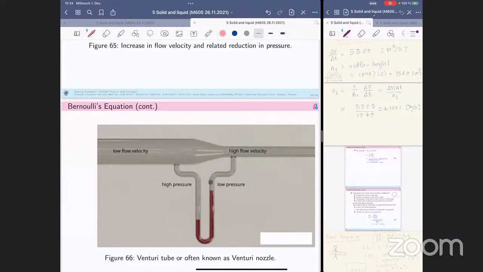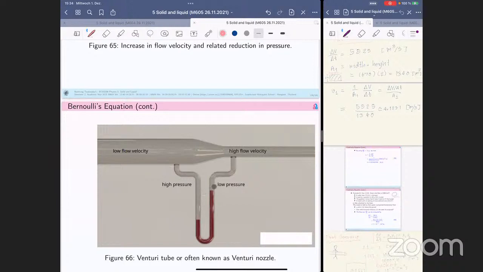At the other side, the air cannot push the fluid down as much, because this side has higher potential to push the liquid because it has higher pressure. So you could see that the level of the fluid is different. This one has a lower level of fluid because it has higher pressure.